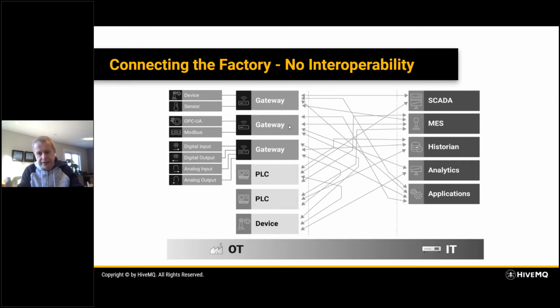When you add in new hardware or new applications, you need to do these pairwise integrations to get the data to these different systems, right? This obviously can't scale very well, and it makes it very difficult to diagnose problems, and also to add new applications, new lines, or new equipment. So this is where we are today.